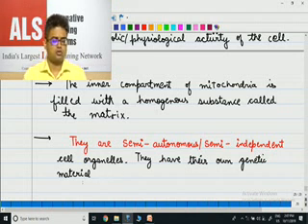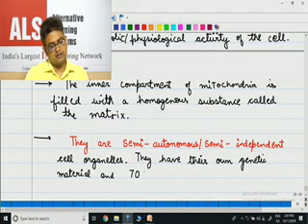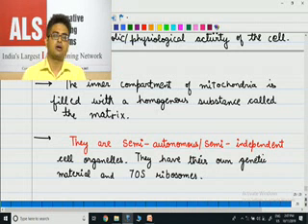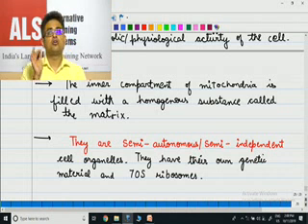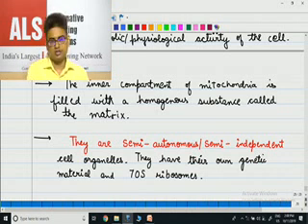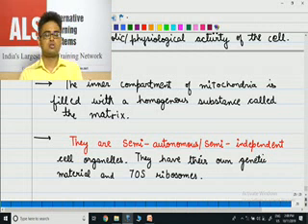It's double-stranded circular covalently closed DNA, own genetic material, and 70S ribosomes. This means they have the capability to synthesize proteins by themselves, and it happens also. Mitochondria synthesize their own proteins. So they are called semi-autonomous, semi-independent organelles. They are not dependent upon the nucleus. Normally for other cell organelles, when the cell is going to divide, the organelle is also going to divide.